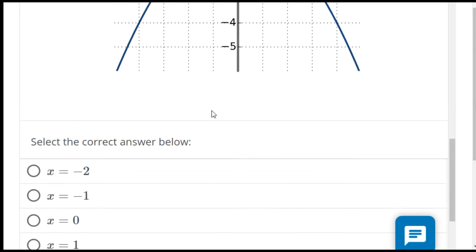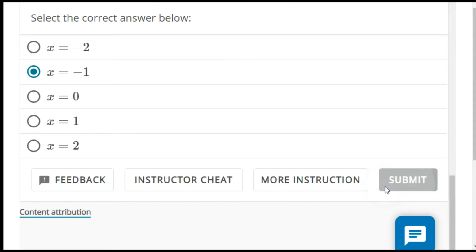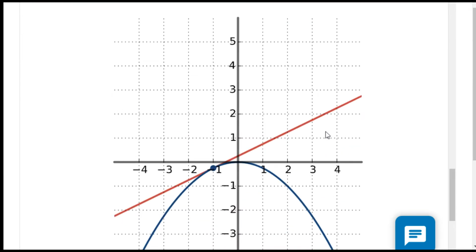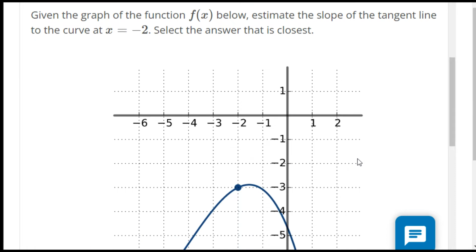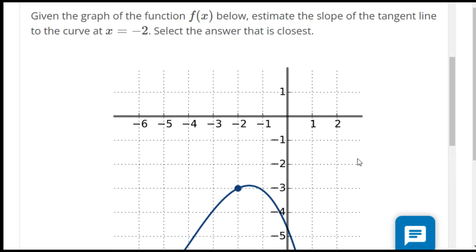So when x is -1, boom, and there we can see it. You can kind of see it has a 1/2 slope, because from right there, if I go 2 units to the right, and then imagine that I've gone up 1 unit, then that's the best you can do with this grid. 88% mastery. It looks like this is just going to be staring at pictures.